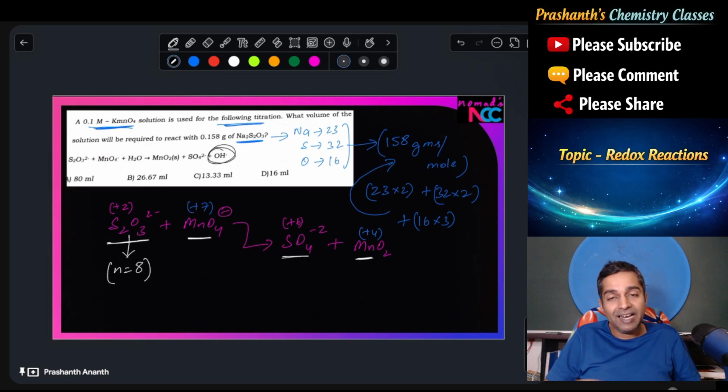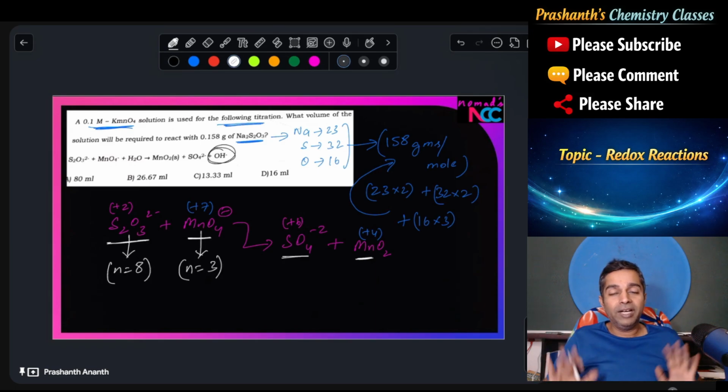The change is from +7 to +4, meaning the permanganate absorbed 3 electrons. So the N factor for this works out as 3.